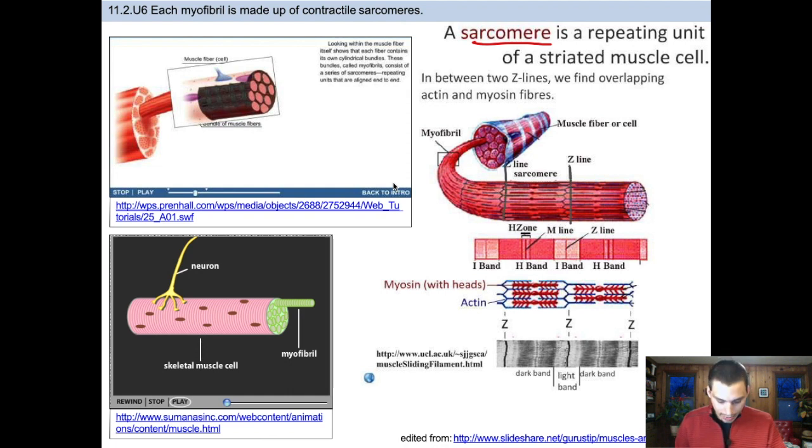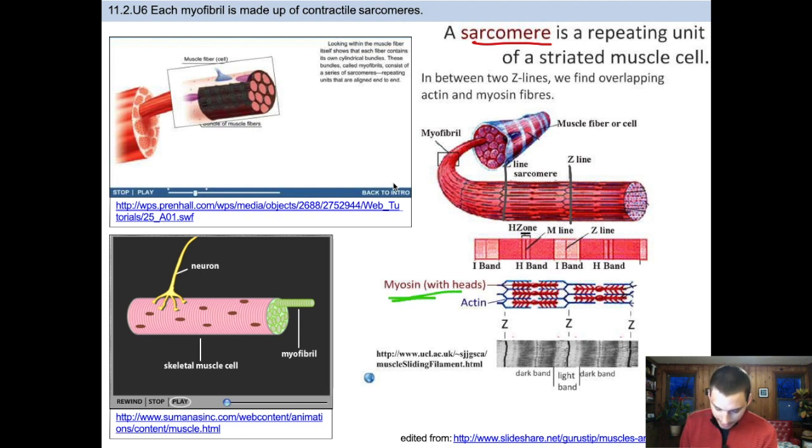That is a sarcomere, and it's made up of a couple of different segments, like you can see down here. The important thing to know is that these segments are made of two different structural proteins. Okay, so the first one is myosin. Myosin is the thicker filament.